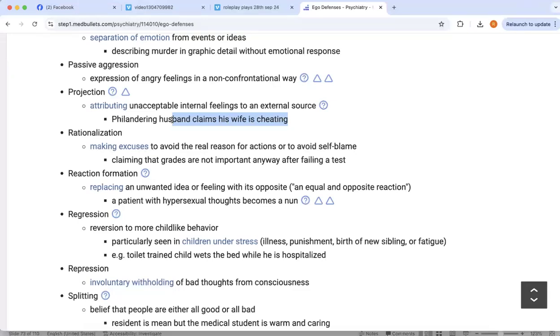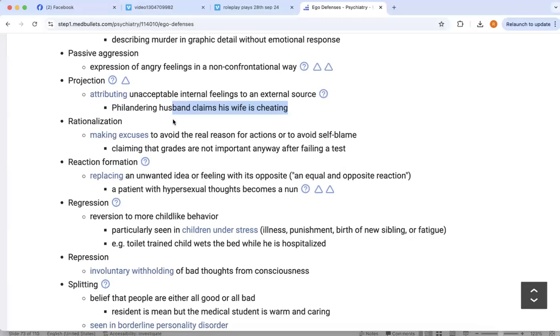Okay? Now remember why it is not displacement. Displacement involves a third party. Most of the time it is like a fight: you have a fight with someone, but you are actually displacing the anger to someone else.